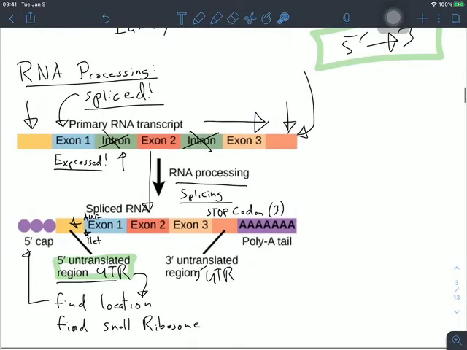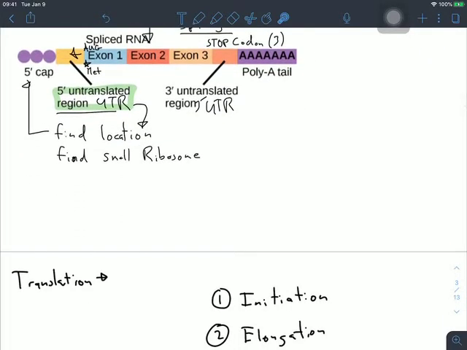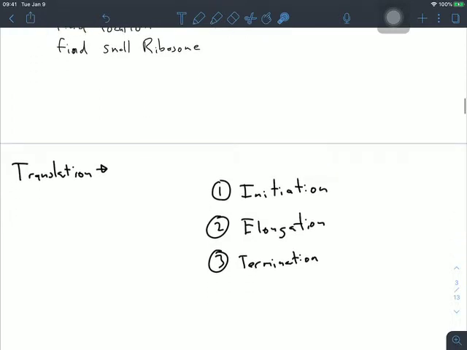Once you've got your finalized transcript, we then can move on to the process of translation, which, as I've mentioned before, begins with initiation, continues with elongation, and ends with termination.